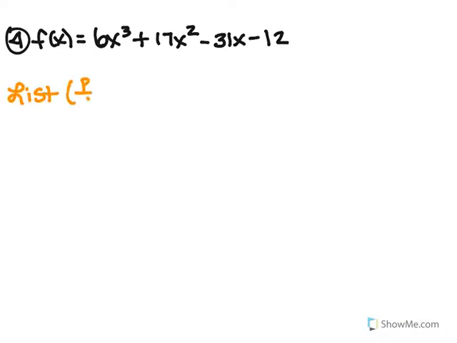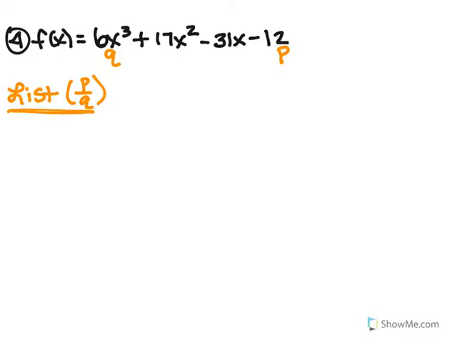So we're going to create our list of possible zeros, and that's represented as P over Q. So again, P represent your last number, the factors. Q will represent the first number's factors. Now, 6 and 12 got a lot of factors in common. They got a lot of numbers in common. So you're going to have fractions that are going to reduce, okay?